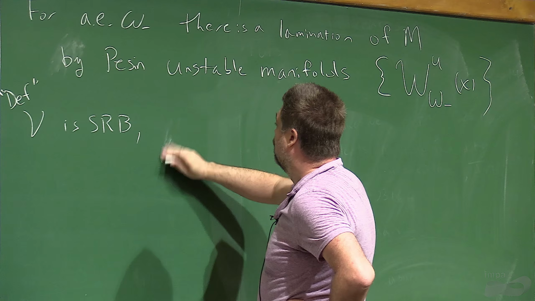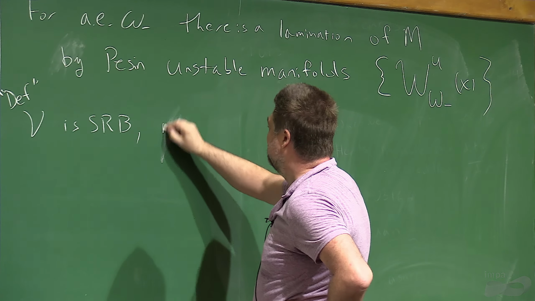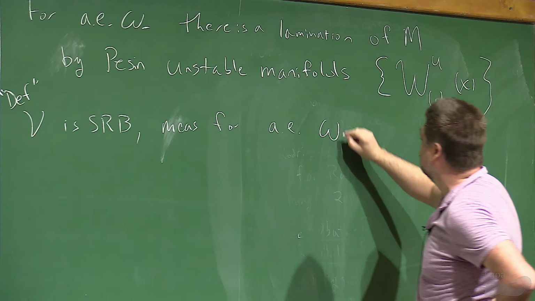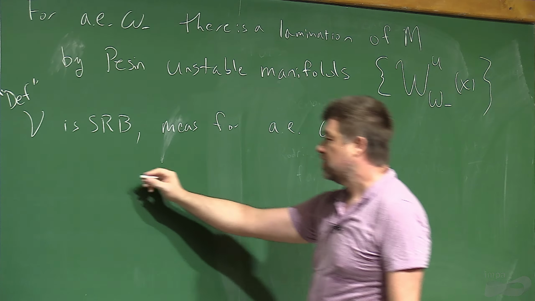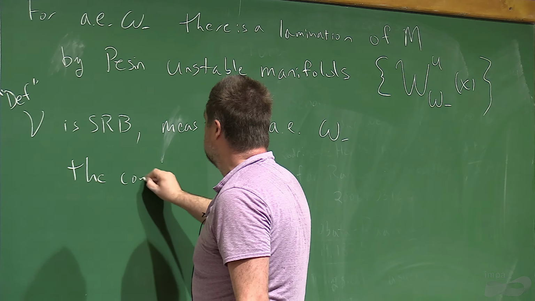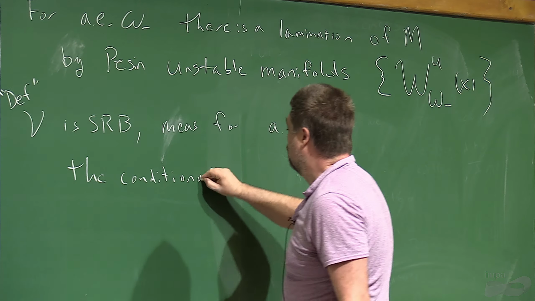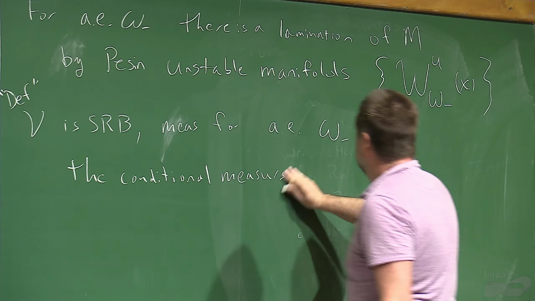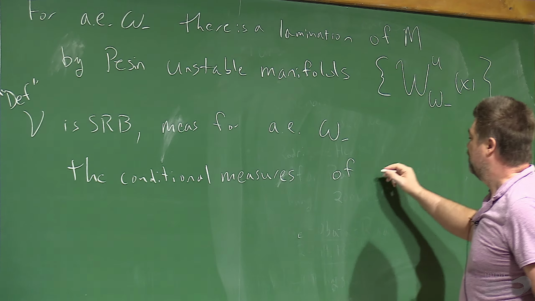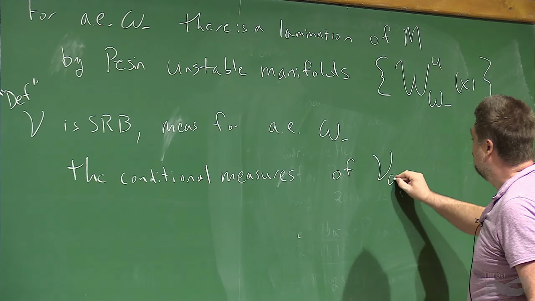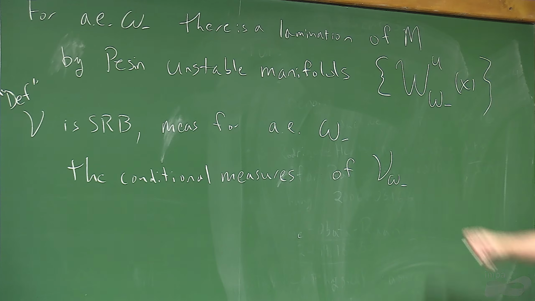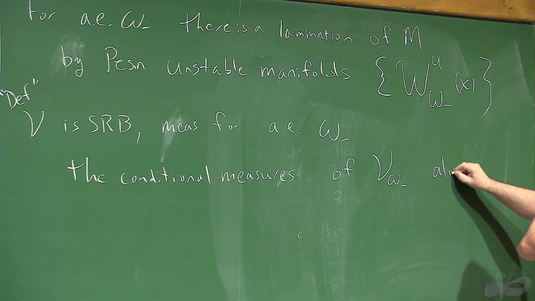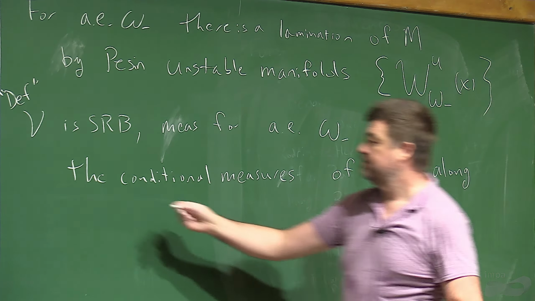It means that for almost every choice of a past, the conditional measures of this mystery measure that I get by pushing forward under my made-up past, so I look at the conditional measures of this along the leaves of the Pesin foliation.